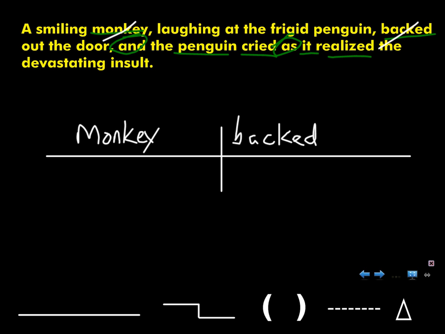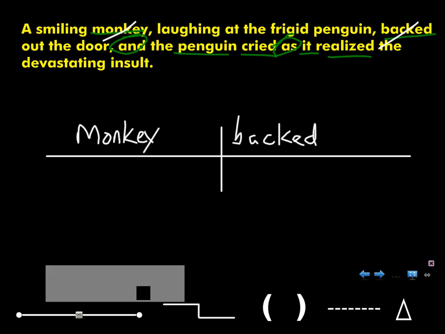Austin, pick it up from there. What else can you do? Say louder. Modifying what? Back. Correct. Out the door modifies backed.